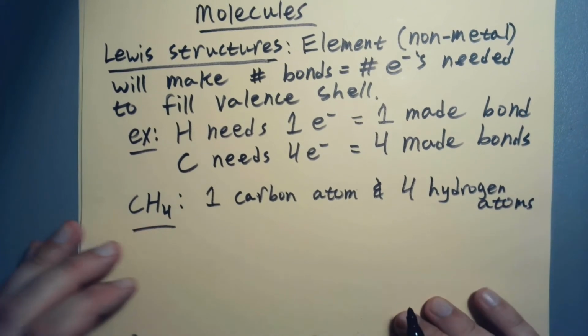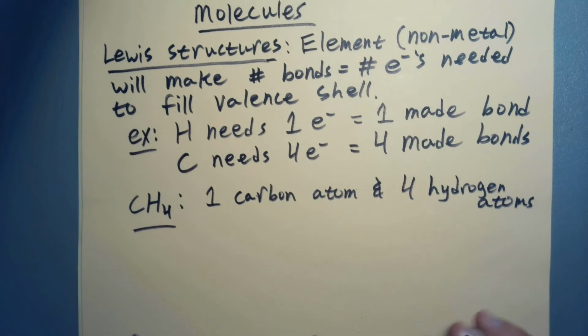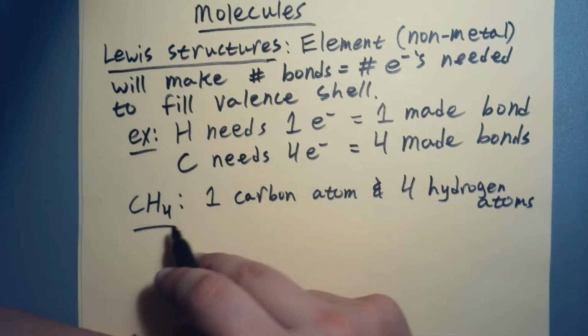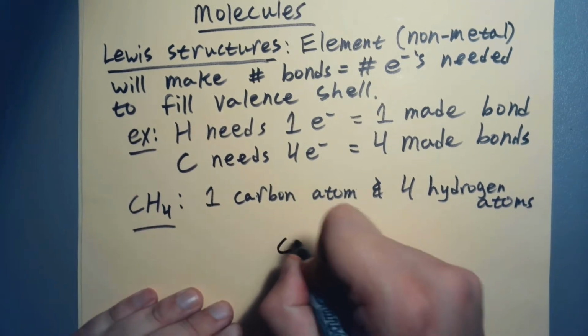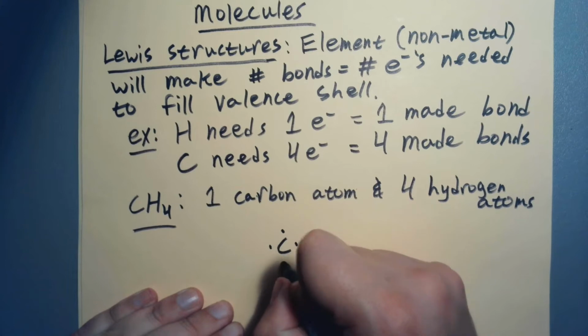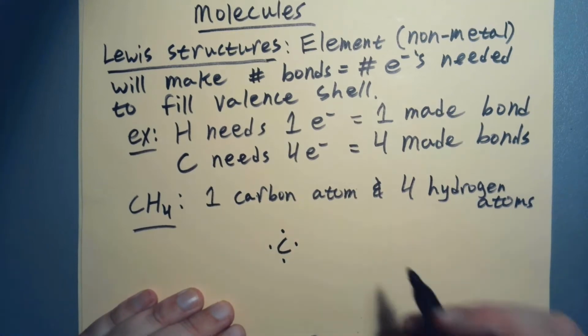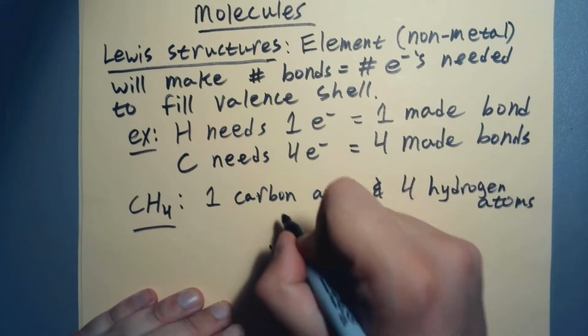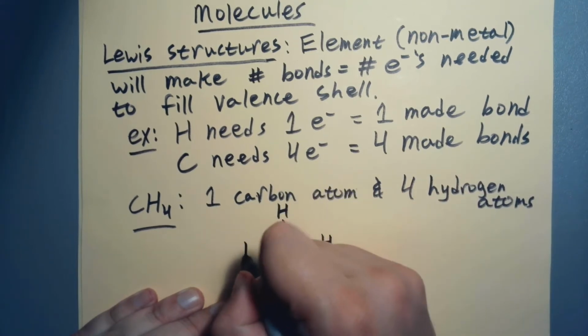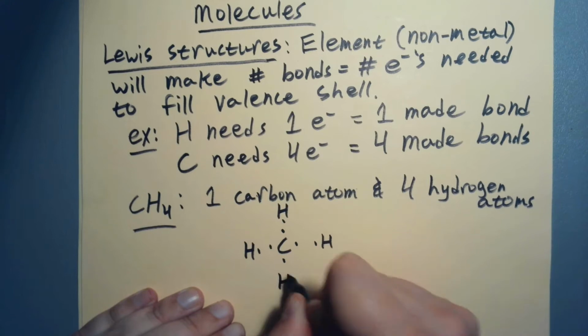And they're going to make a covalent molecule. Now, when you see something like this, generally whatever makes the most bonds goes in the middle. So I'm just going to start with carbon. I'm going to draw this in a very strategic way. I'm going to draw the atoms first. And then I'm going to have a hydrogen here, a hydrogen here, a hydrogen here, and 1 here.